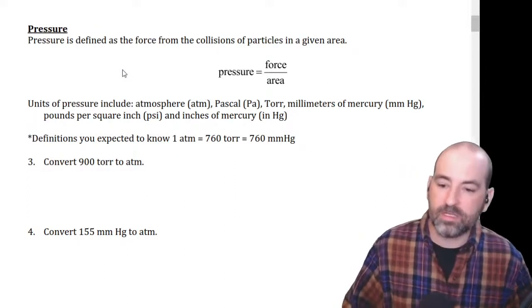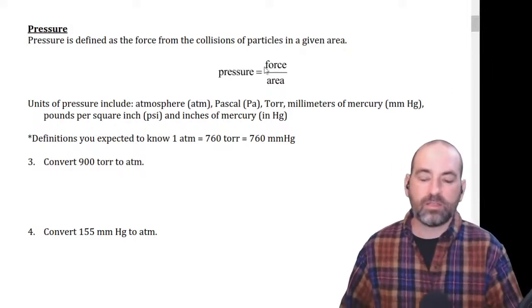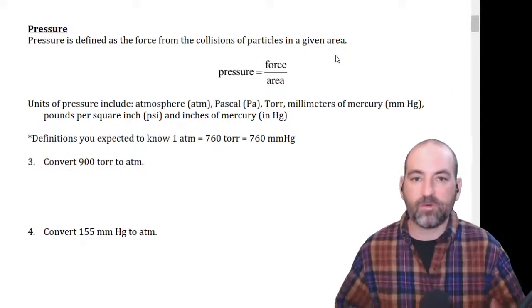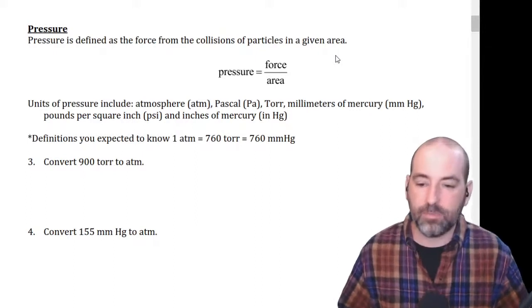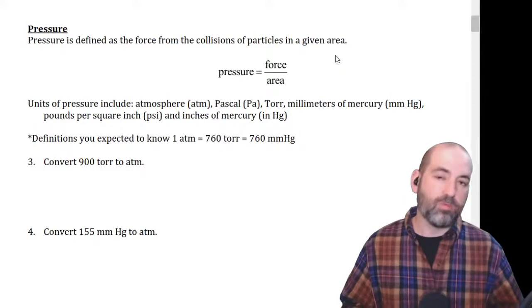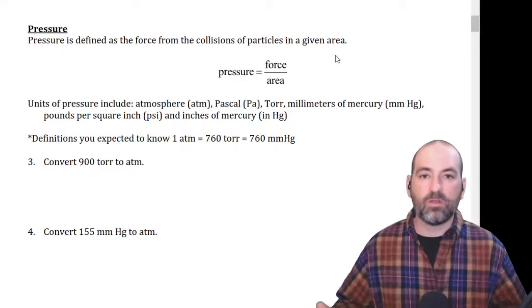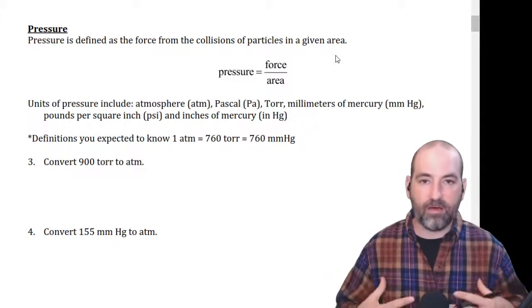And so pressure is defined as the force from the collisions over a given area. So it's not just a force, it's a force over an area. So for example, if you are wearing different types of shoes, you might be exerting different pressures on the ground, even though the force, the gravity that you have, is the same.